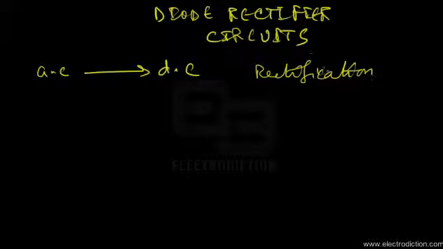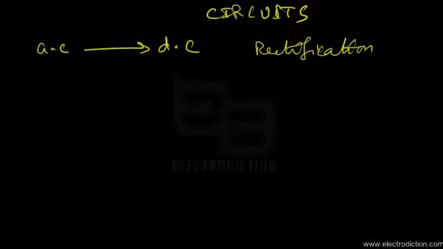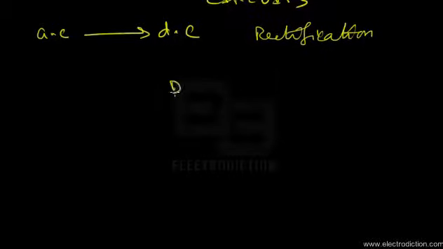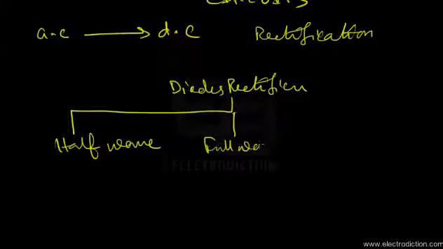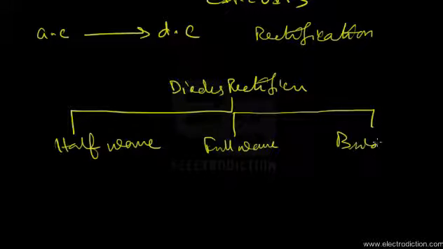For rectification we can design certain rectifier circuits using diodes. Basically there are three types of rectifier circuits that we can construct using diodes. Number one, the half wave rectifier circuit; number two, the full wave rectifier circuit; and number three, the bridge rectifier circuit.